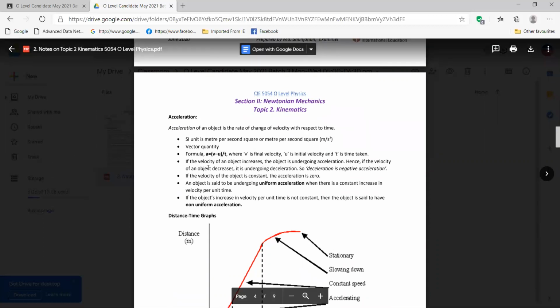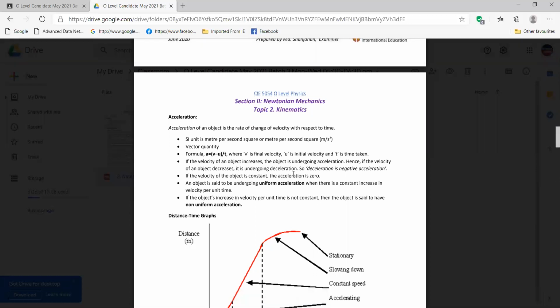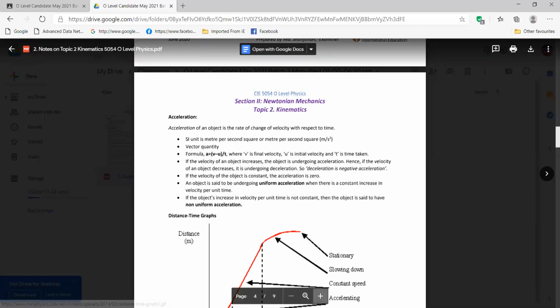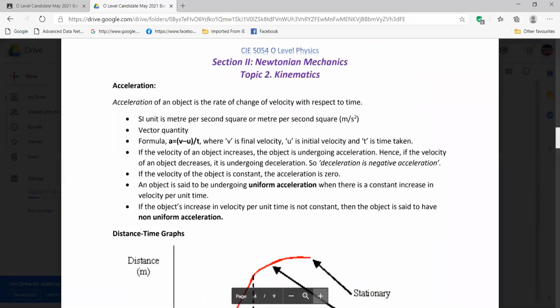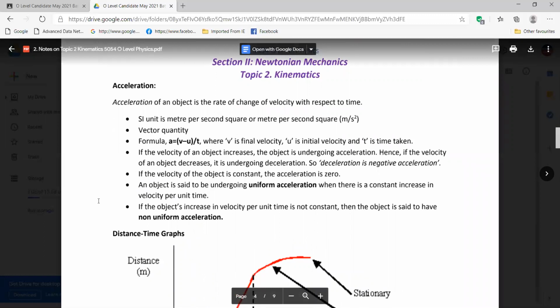Okay, then this one. Read the fourth one. If the velocity of an object increases, the object is undergoing acceleration. Hence, if the velocity of an object decreases, it is undergoing deceleration.